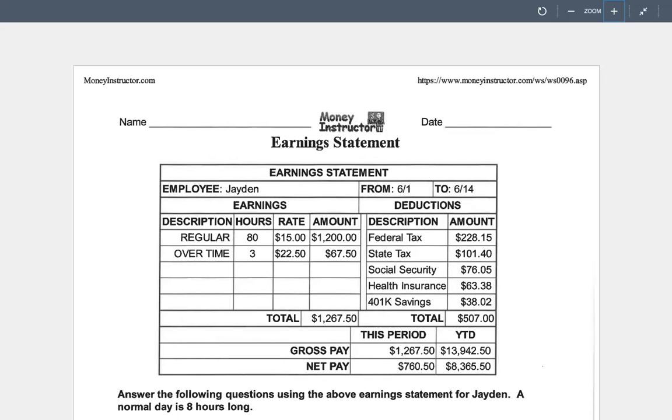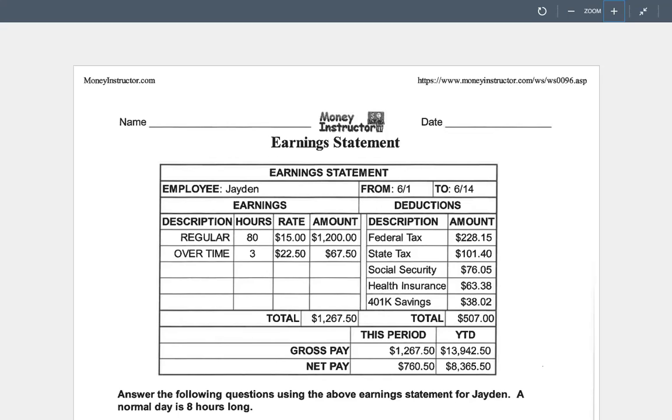And then finally, the last deduction that's listed here is 401k savings. Jayden has set up an account for money to go directly into a savings account for retirement. And that deduction was $38.02.